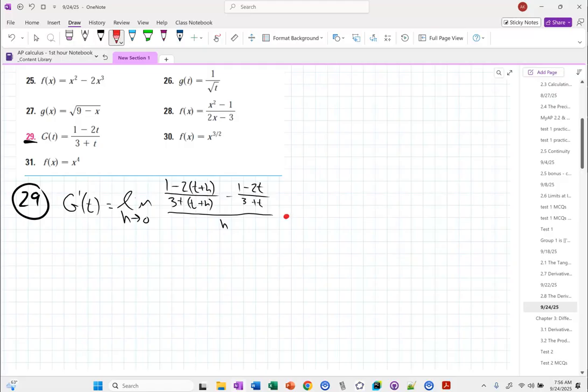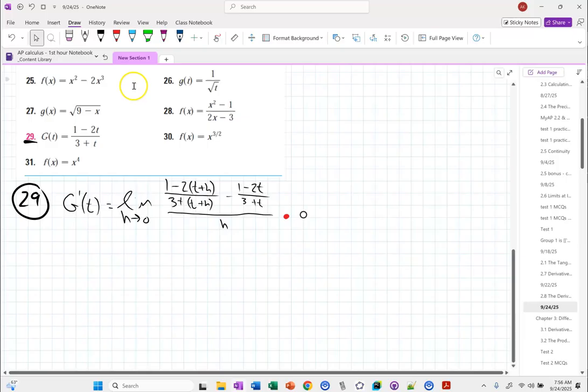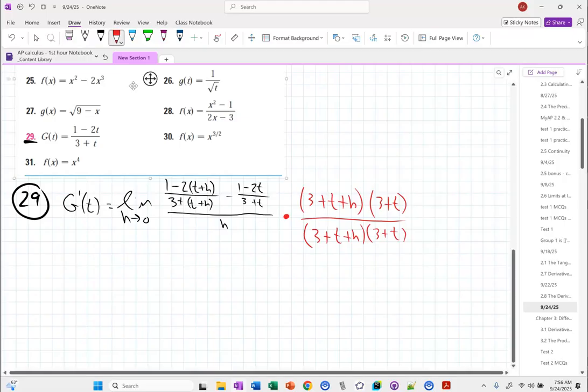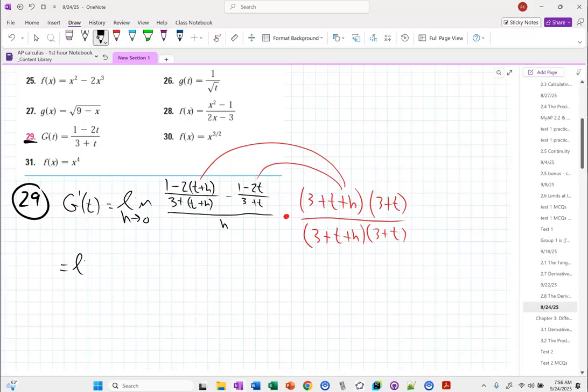So we're just going to multiply the top and bottom by this. Still good so far? So that's going to distribute. It's going to go here, and then it's going to go there. When I multiply to the little fraction, the 3 plus t plus h's are going to cancel.